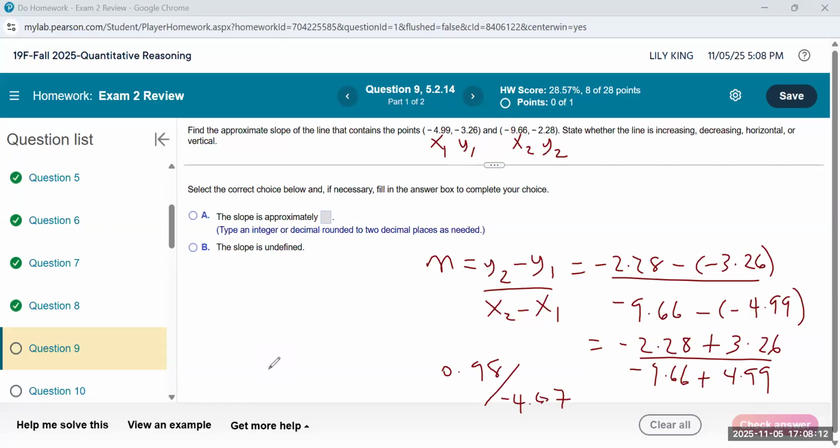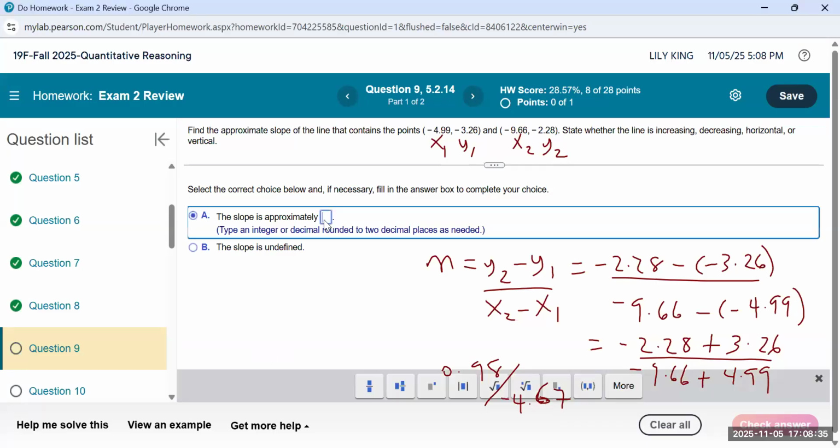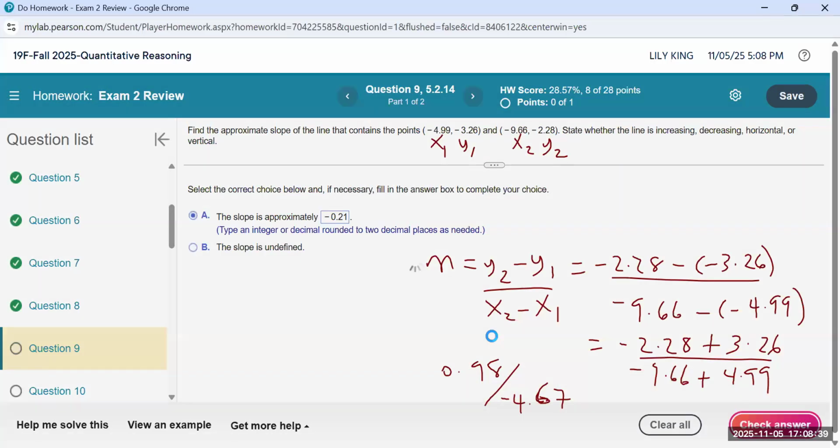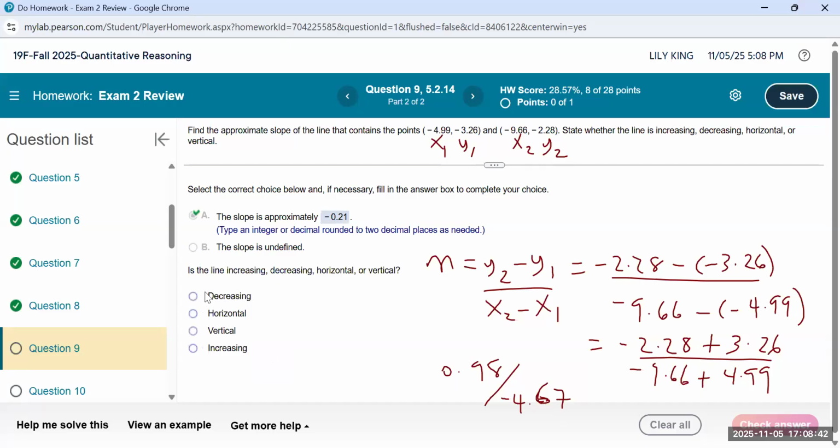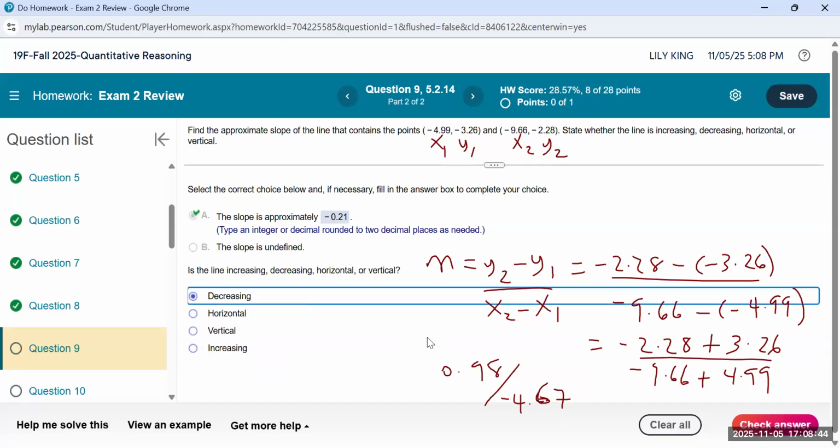And if you divide the two numbers, 0.98 divided by -4.67, we have -0.21. It says round to 2 decimal places, so -0.21. And because this is negative, the line is decreasing.